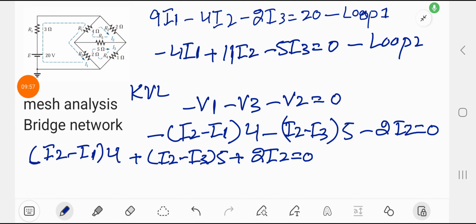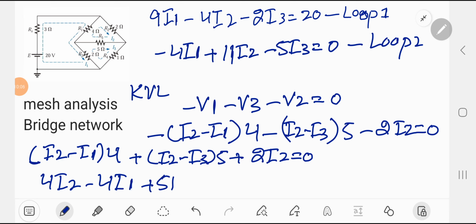Now 4I2 minus 4I1 plus 5I2 minus 5I3 plus 2I2.